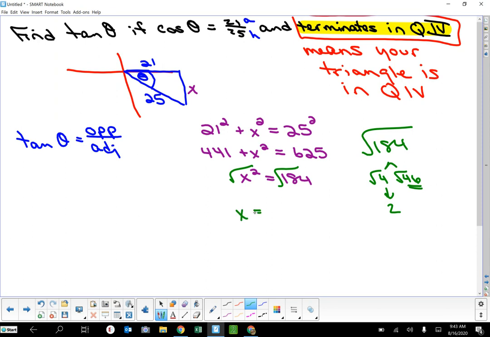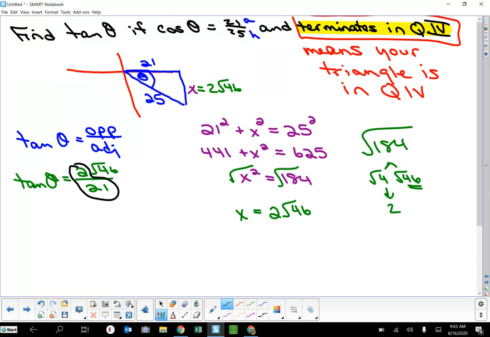So x is equal to 2 rad 46. So the tangent of theta, opposite over adjacent, is 2 rad 46 over 21. And if this was reducible, you would reduce. In this case, it's not. So this is the answer to that question.